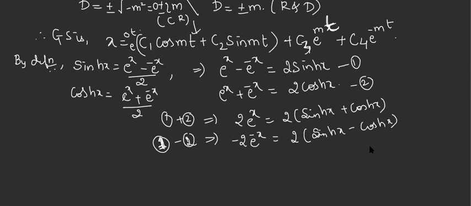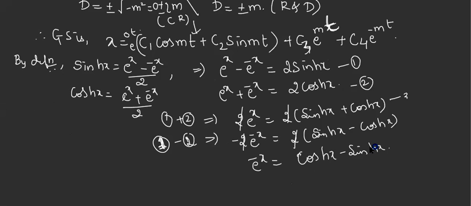How will I do it? I'll just cancel this 2 and send my minus to that side. So what is my e raised to minus x actually? If I take a minus here, this is minus sinh and plus cosh. Am I right with this?